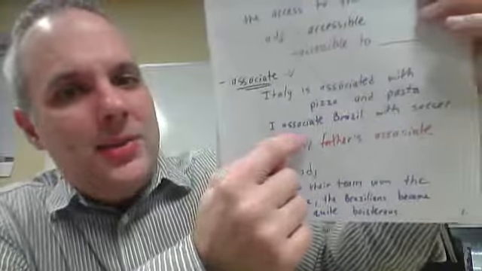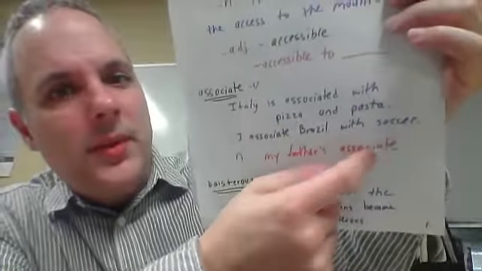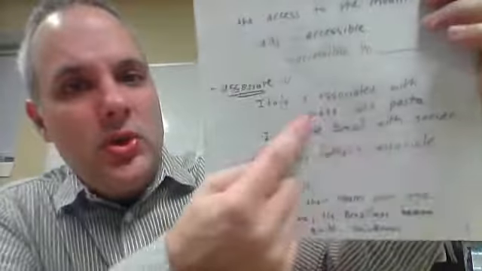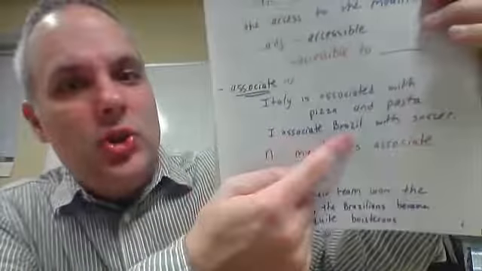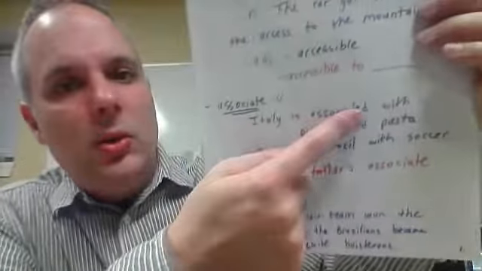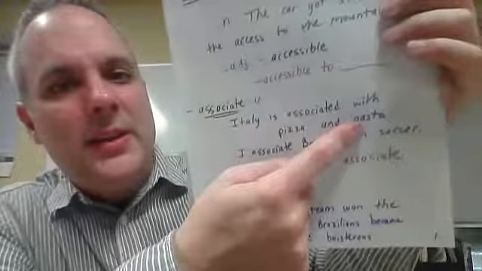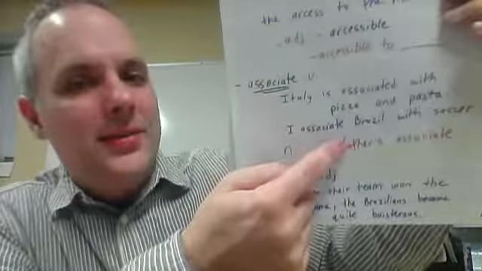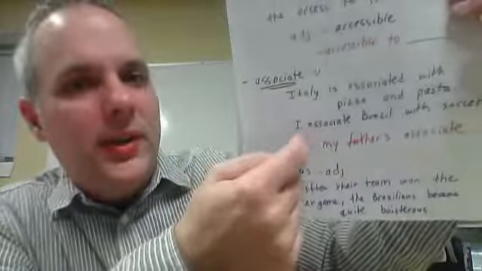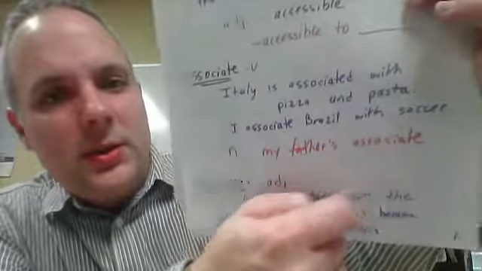I associate Brazil with soccer. So here the two things are here. You can change this one too: I associate Italy with pizza and pasta. You can also say I, or he or she, and it'll come after, Brazil with soccer.